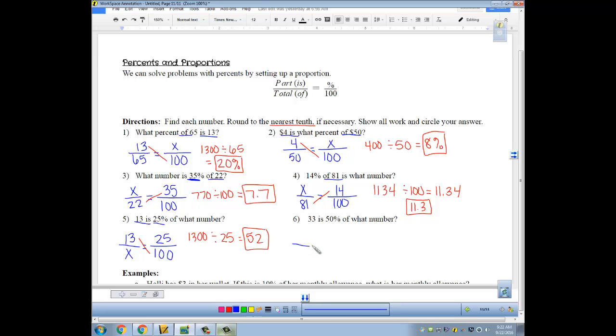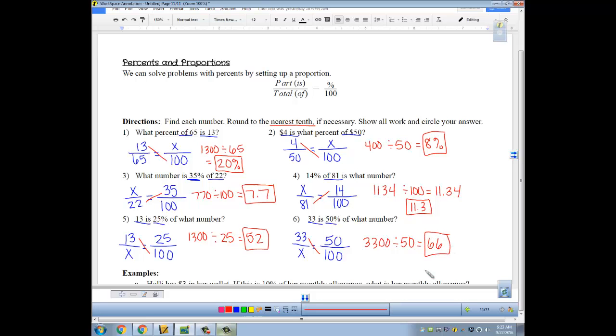Number 6, set the proportion. 100 in the bottom right. It says 33 is, so that's going to go in the is part. 50% goes in the percent part. Don't know the of. So cross multiply. 33 times 100 is 3300. Divided by 50 is going to give me 66.